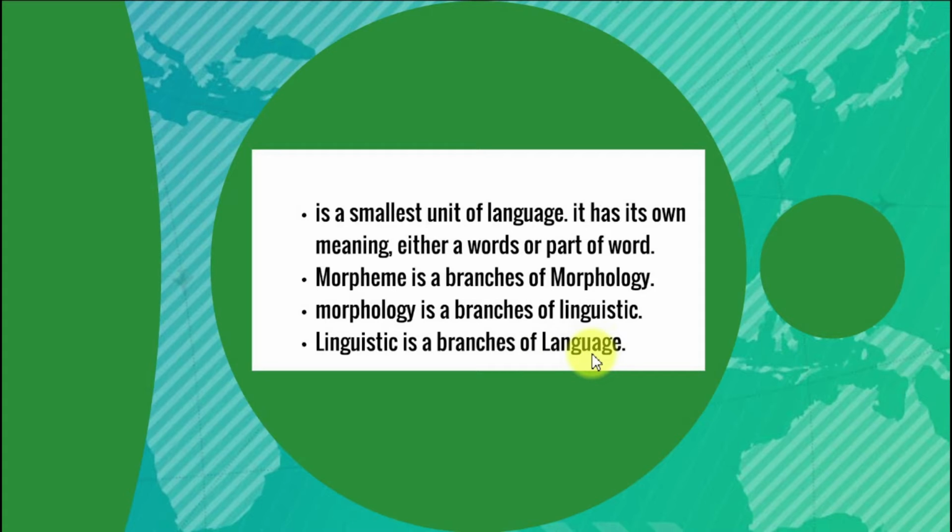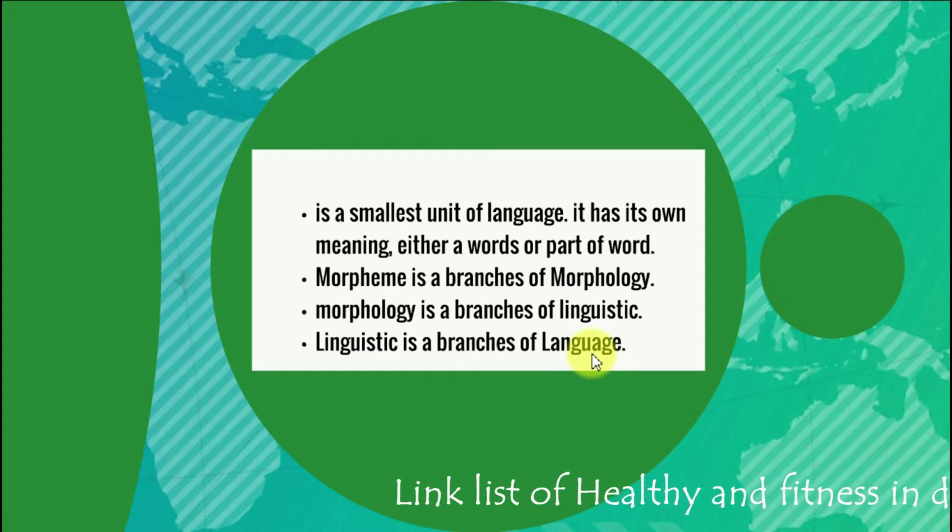So if you want to learn about morphemes, you have to understand how one connects to the other: language connects to the English language, to linguistics, linguistics connects to morphology, morphology connects to the morpheme, and the morpheme connects to its parts.